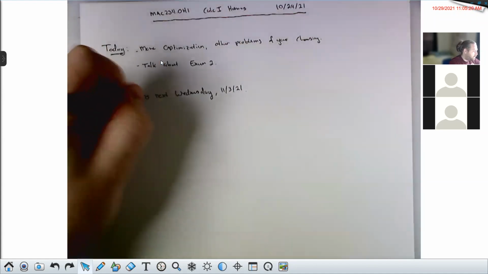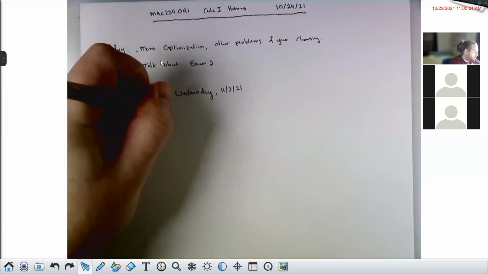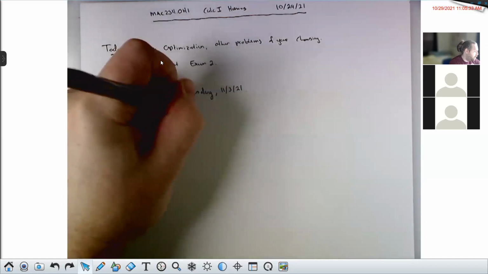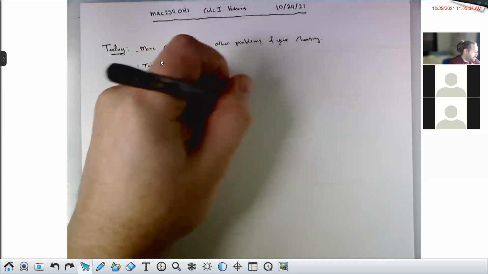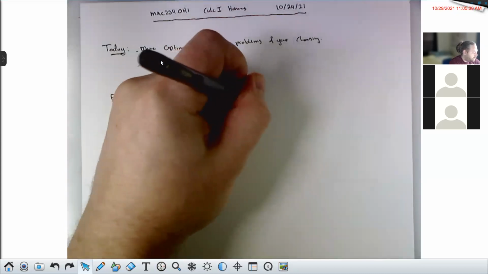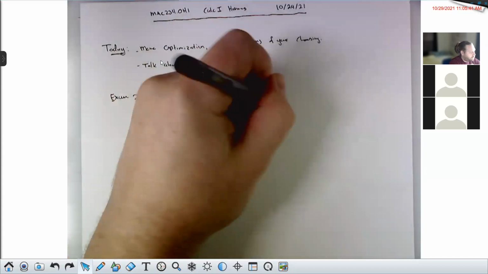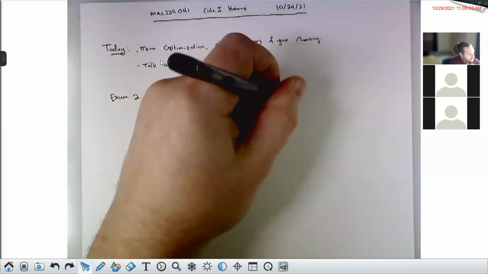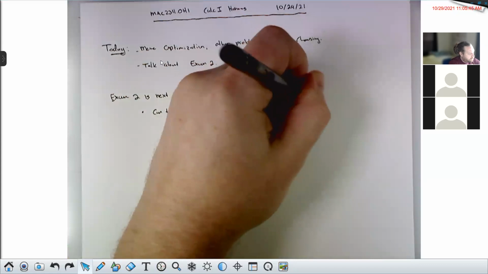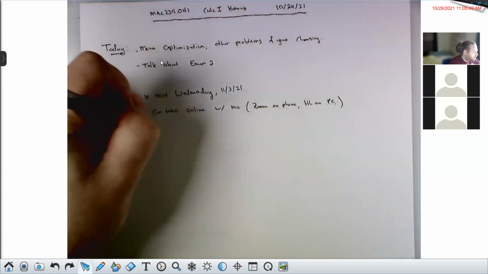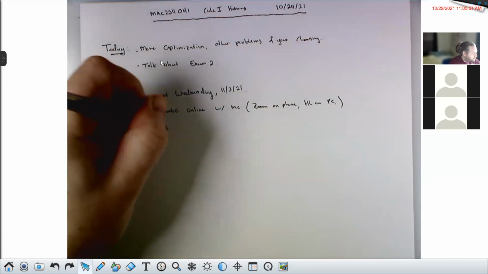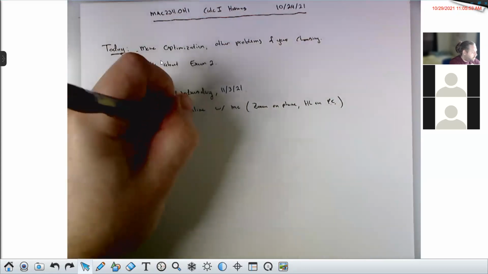You can take it online with me. And just like test 1, this requires Zoom on your phone, Honorlock on your PC, or you can take it at the testing center.